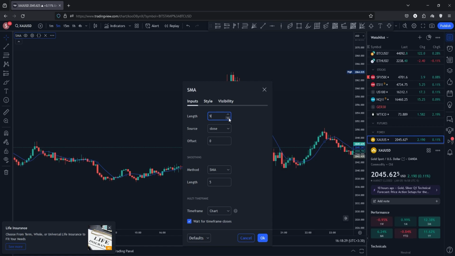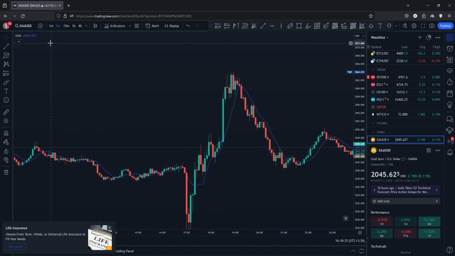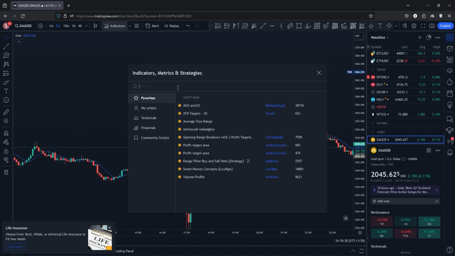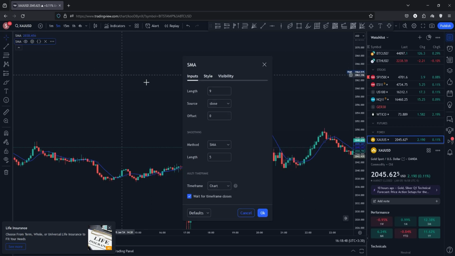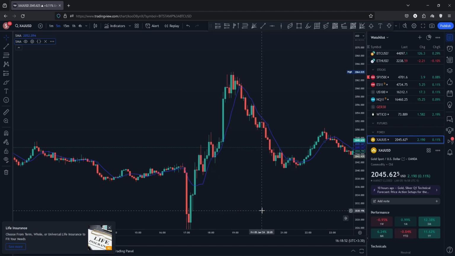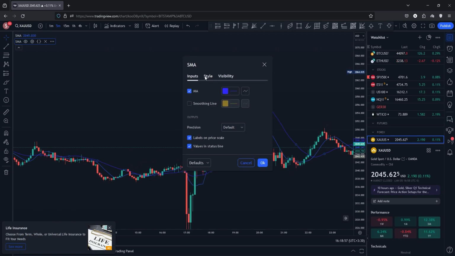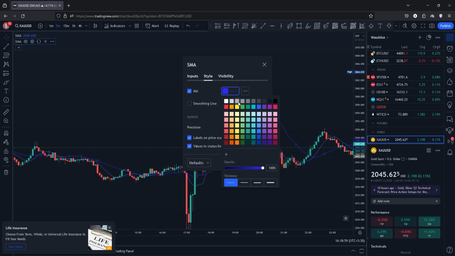Most people use a 9-length moving average, and you can add another moving average and change the length to 24 or other numbers that you need.